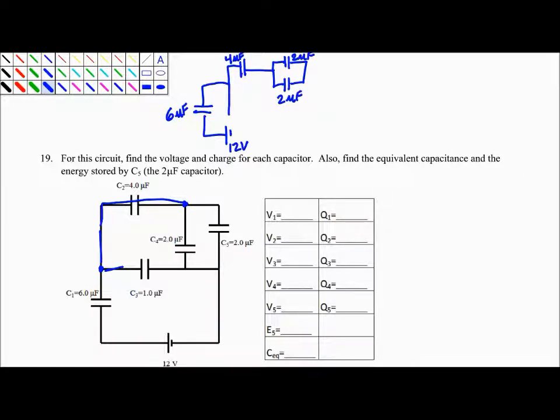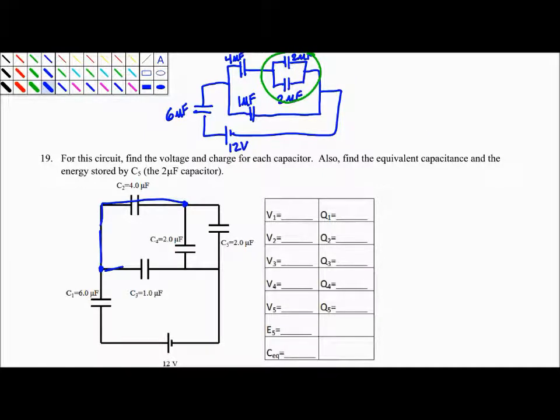Now in this bottom branch, I have just a 1 microfarad. And then that all goes back. And now I want to find the equivalent. I'm going to start with this 2 and 2, which is equal, of course, to 1.